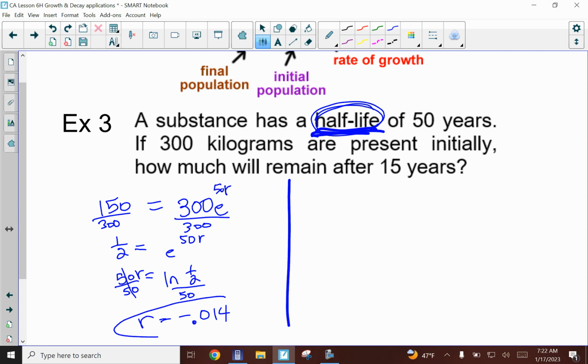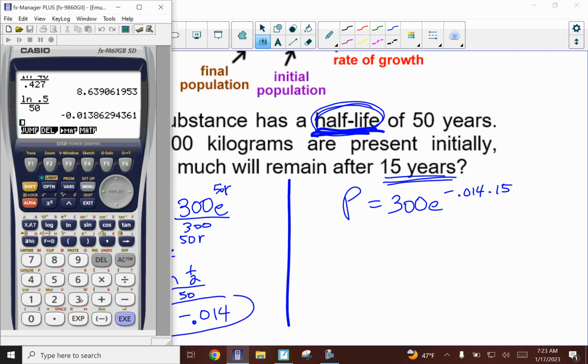So again, I think on this one, I will use the ANS button. So we're going to start off with 300 E, and then this is the new T, but we know that the R is negative 0.014, and we want to multiply that now by 15. So this all goes into the calculator, so I will put in 300, shift ln.